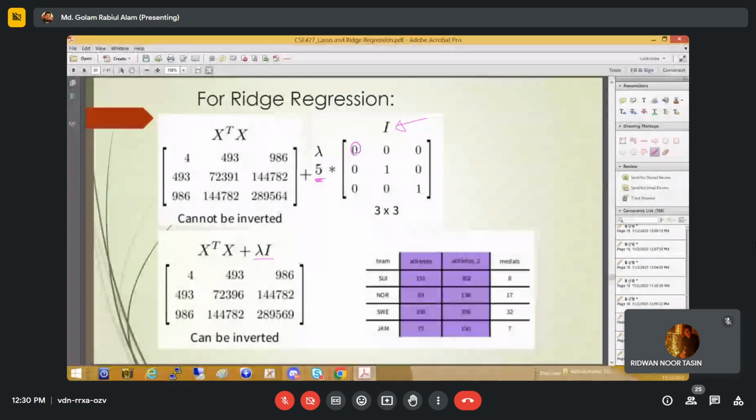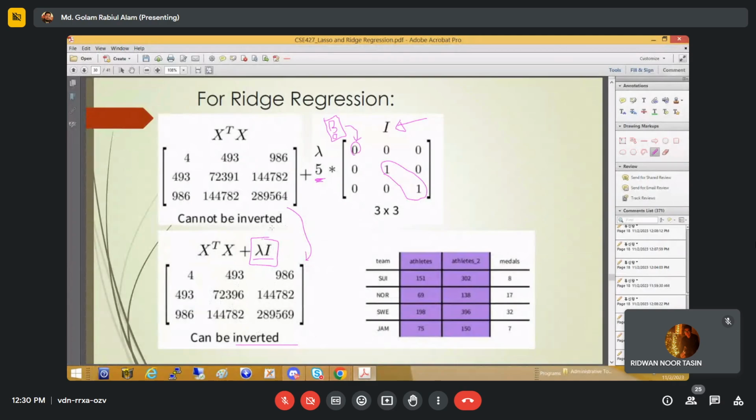If we do that, then it is changed, because this is added. This addition makes this matrix invertible. We can find the inverse matrix of this matrix.